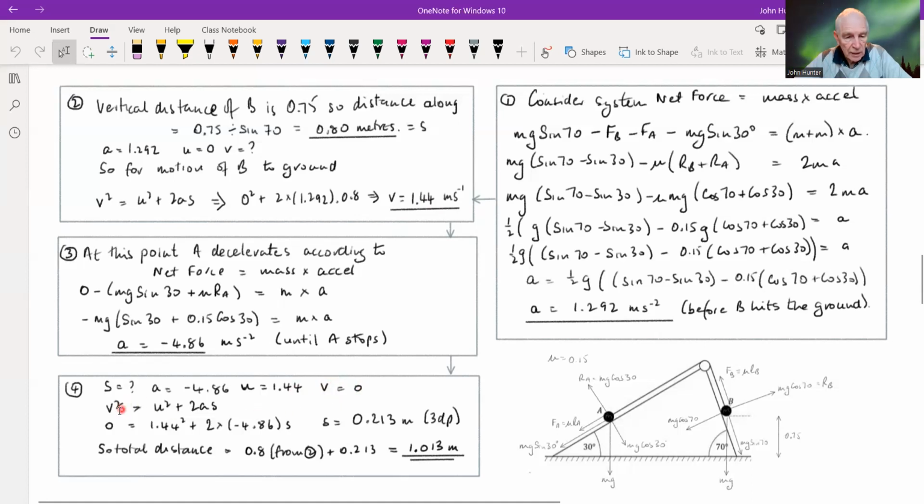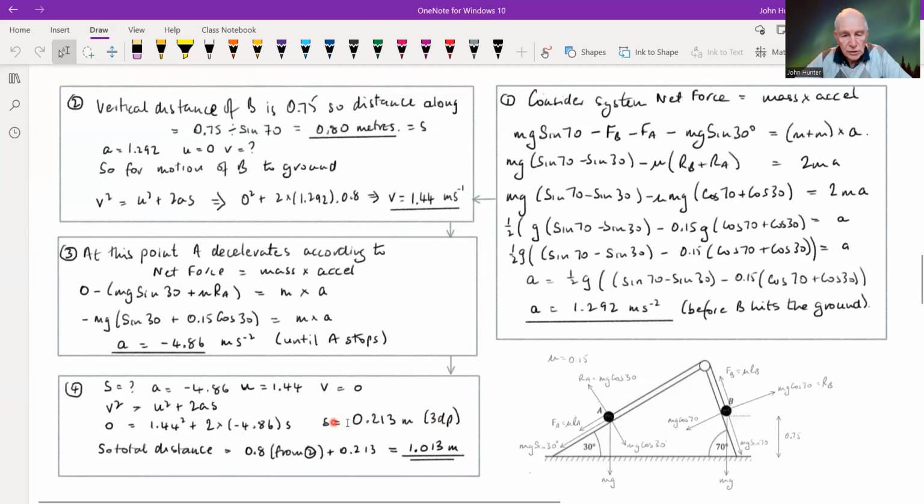So that looks like v squared equals u squared plus 2as, and if we plug in the relevant bits into there, we see that's going to give us a displacement of 0.213 meters to 3 decimal places.